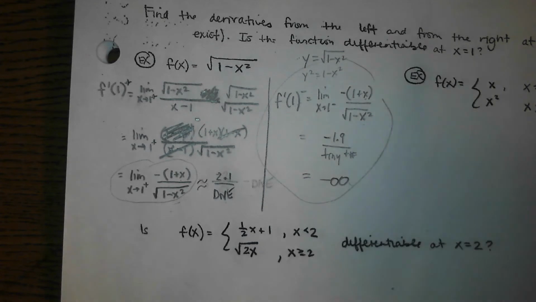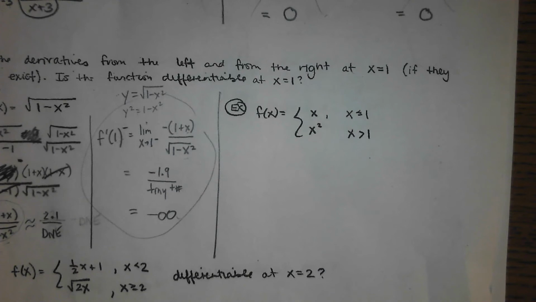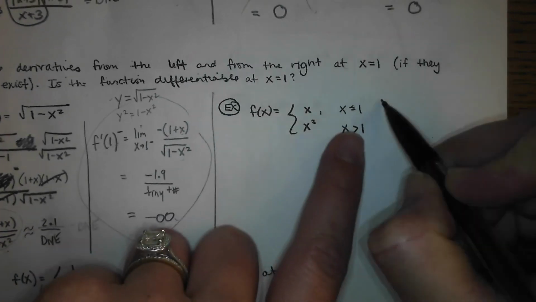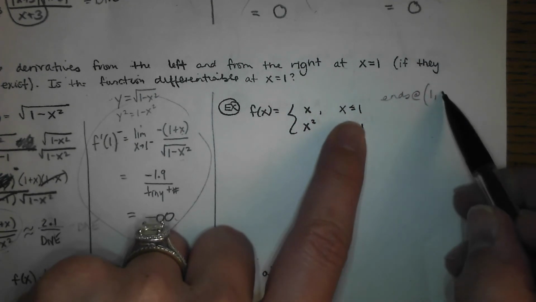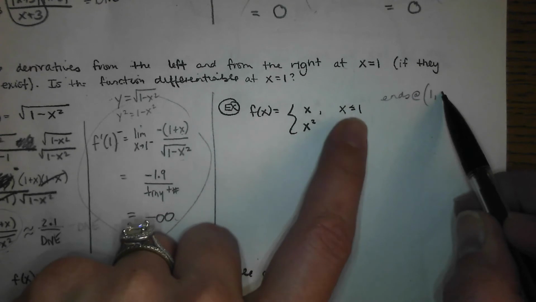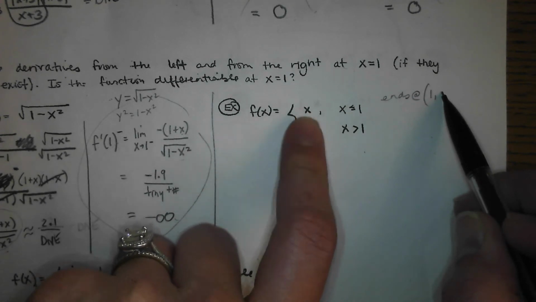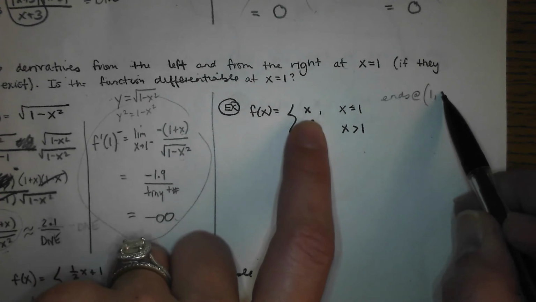Okay. Then a piecewise. Is this differentiable at 1? What was our takeaway yesterday regarding piecewise functions? Before we check for differentiability, check for continuity first. So first things first, this first section of the graph will end at 1 comma, and when you plug in 1, what are you going to get? 1.